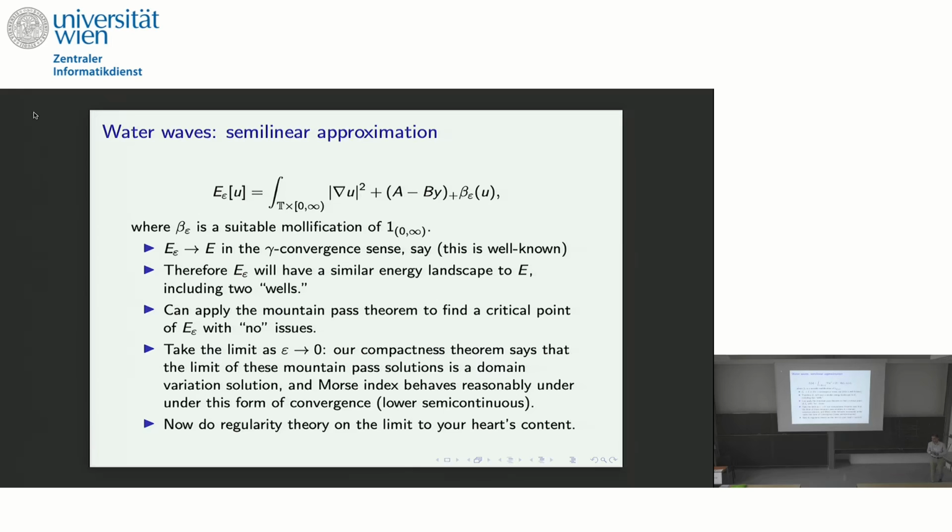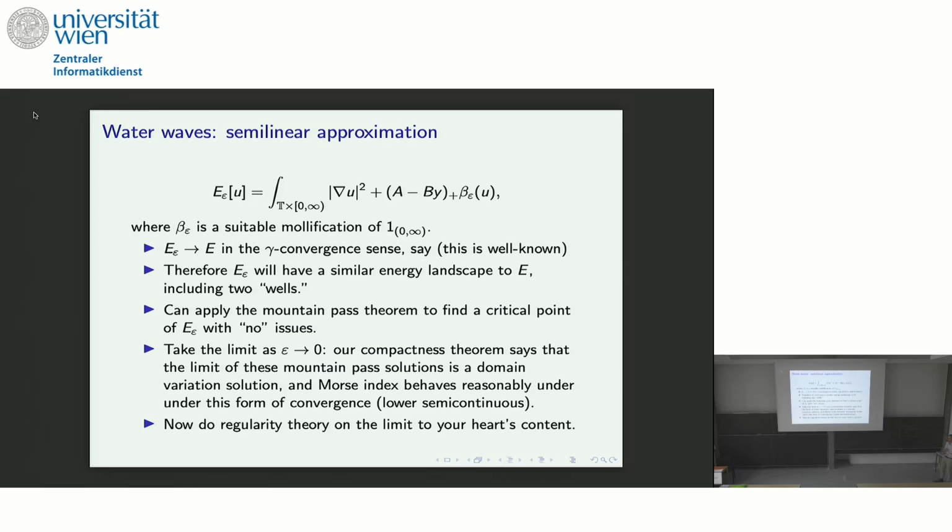Here we cheat a little bit, because we can use the special structure of this problem to get more regularity. One thing you can do is symmetrize. There's a symmetrization which tells you that the solution is monotone in this direction. This works for the mountain pass theorem, and so you can take limits of those, and those will be more regular.